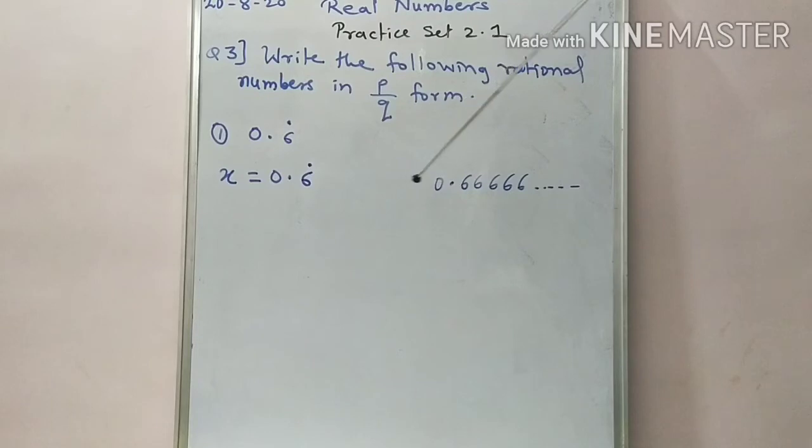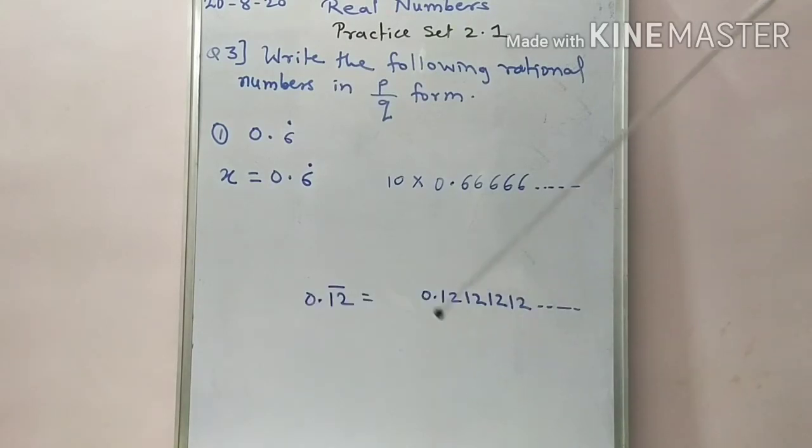And hence what we do here, we multiply that given number by 10. Suppose there are two numbers in recurring, we take one more example. If that number is suppose 0.12 recurring, means 0.12, 12, 12, 12 is repeated.